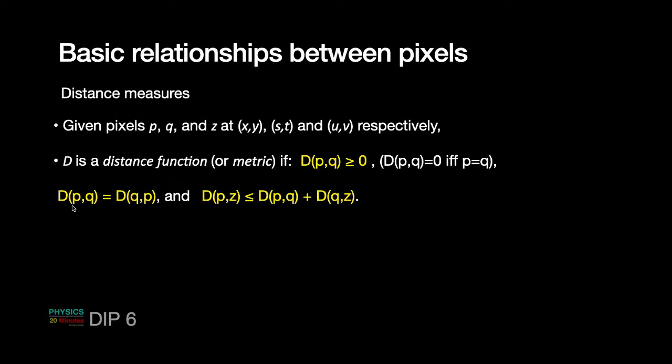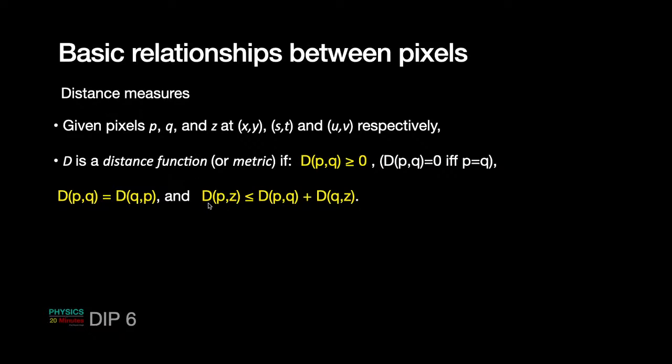The distance between P and Q is equal to the distance between Q and P. So if you reverse the arguments of the function, the value of the function does not change. So that way it is symmetric. And remember, I am choosing 3 pixels P, Q and Z. There are 3 different points on the image.